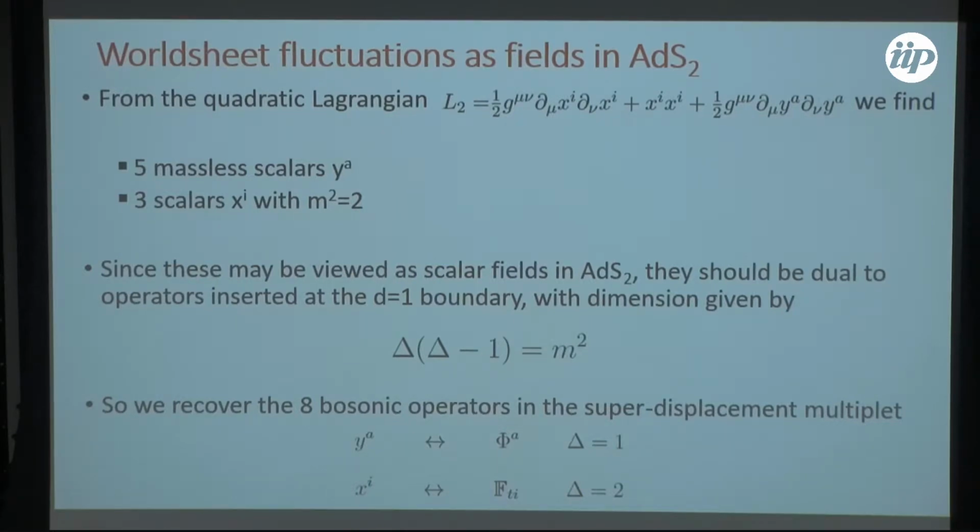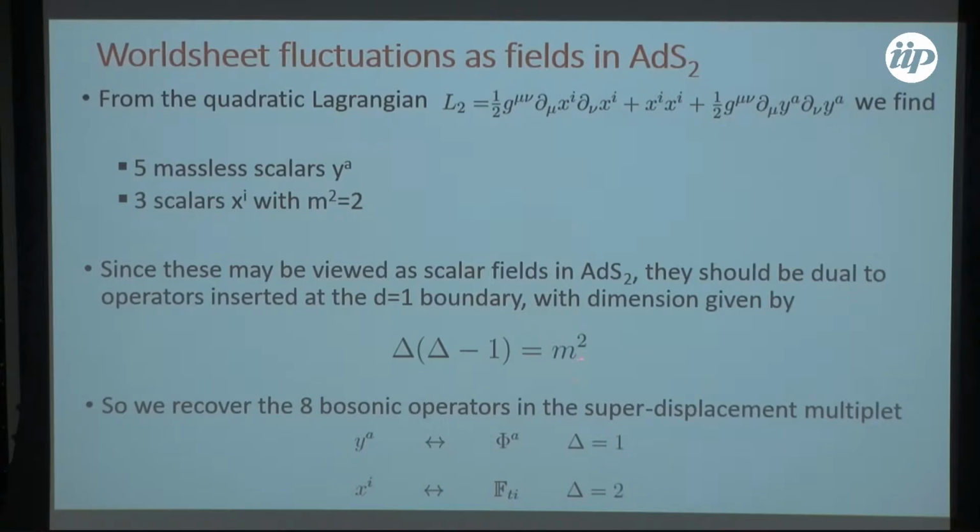In this case, the boundary is one-dimensional, so the relation Delta(Delta minus 1) equals m squared will give us, of course, what we expect. The 5 fluctuations on the sphere have Delta equal to 1, and they are dual to the insertions of these protected scalars, which transform in the same representation. So, the 5 scalars that don't couple to the Wilson loop. And x, with mass squared equal 2, has Delta equal to 2, that's dual to the displacement operator at the boundary.